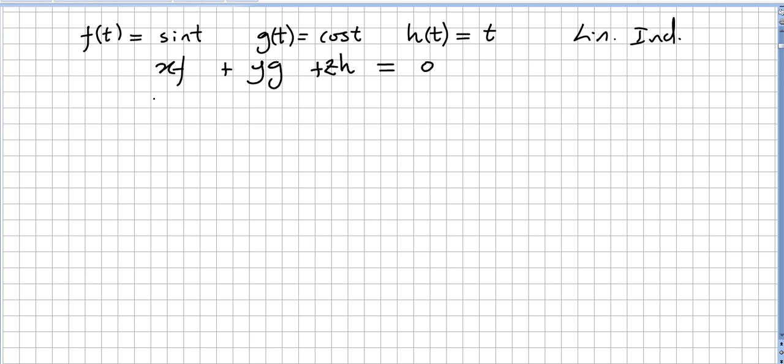That is x sine of t plus y cosine of t plus z times t, right? So they will be linearly independent if and only if x is 0, y is 0, and z is 0.